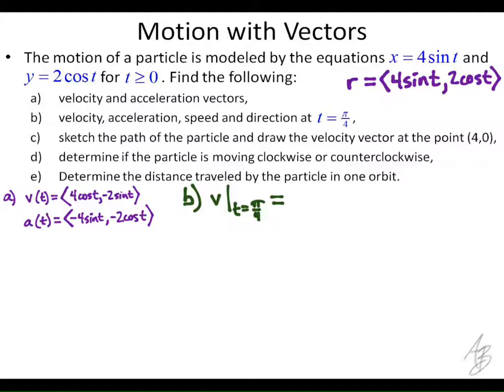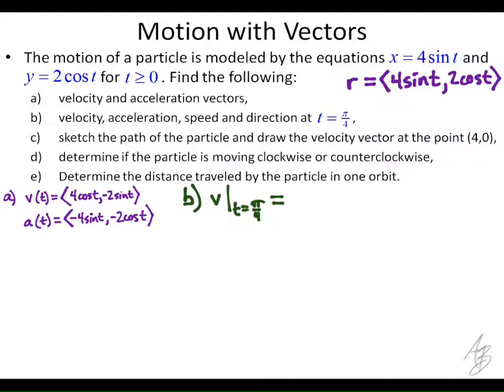Is my answer for the velocity here going to be a scalar, which is just a number, or is it going to be a vector? So the velocity here is going to be a vector because we need to know both components. We need to know the x component and the y component of the velocity. Otherwise, we'd be measuring speed.